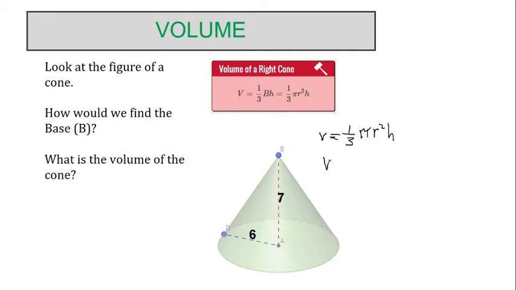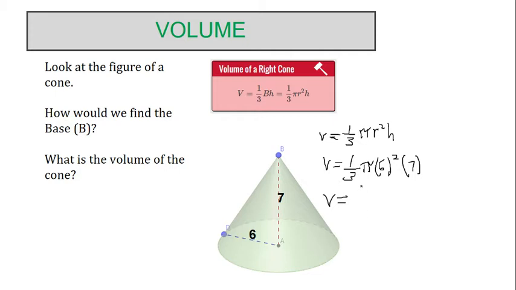All right, so in this case, I'm going to go ahead and plug in those values. The radius, 6. 6 squared times the height, 7. Again, the most common mistake when calculating an answer for this, either a decimal or exact, is not to square the radius before you start multiplying by pi or the height.